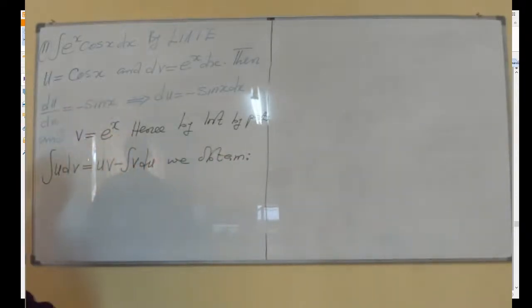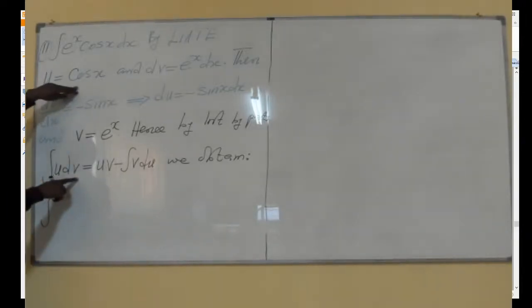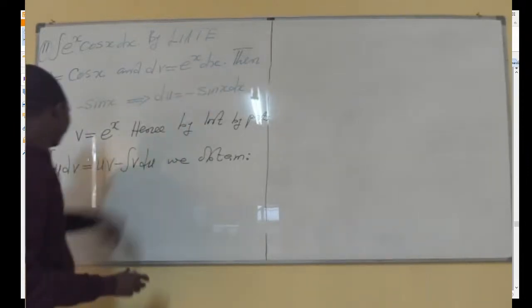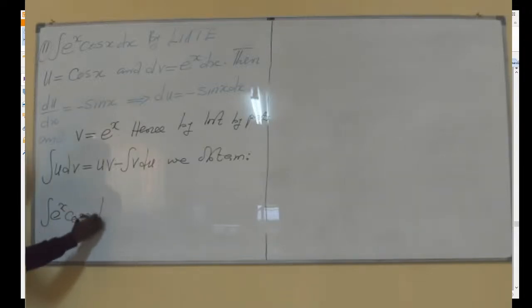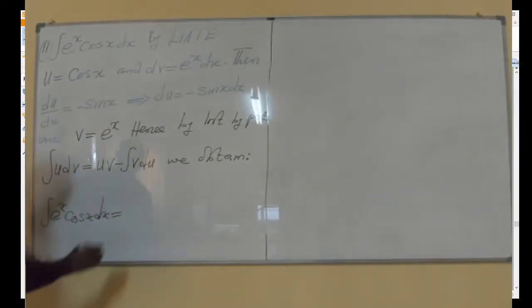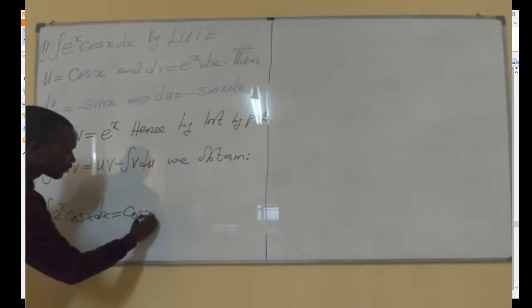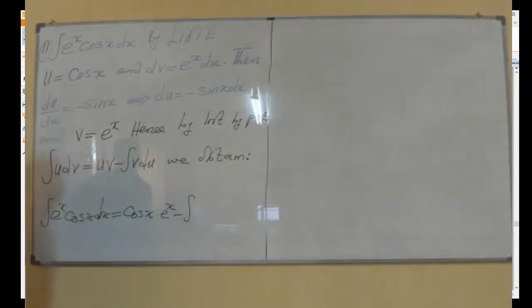What are we going to get? Now, what is our u? Our u is cosine of x. Our dv is e to the power x dx. So we have the integral of e to the power x cosine of x dx, which is equal to u times v, so the cosine of x times e to the power x, minus the integral.